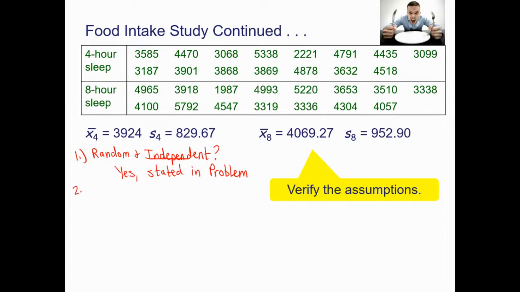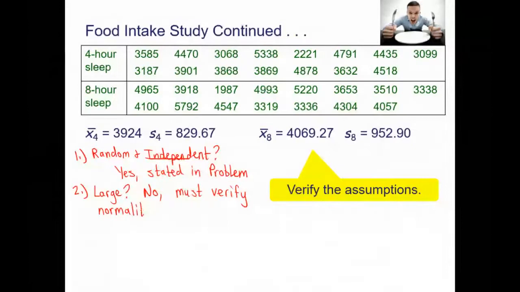Second: do we have large samples? No. Must verify normality using a box plot.